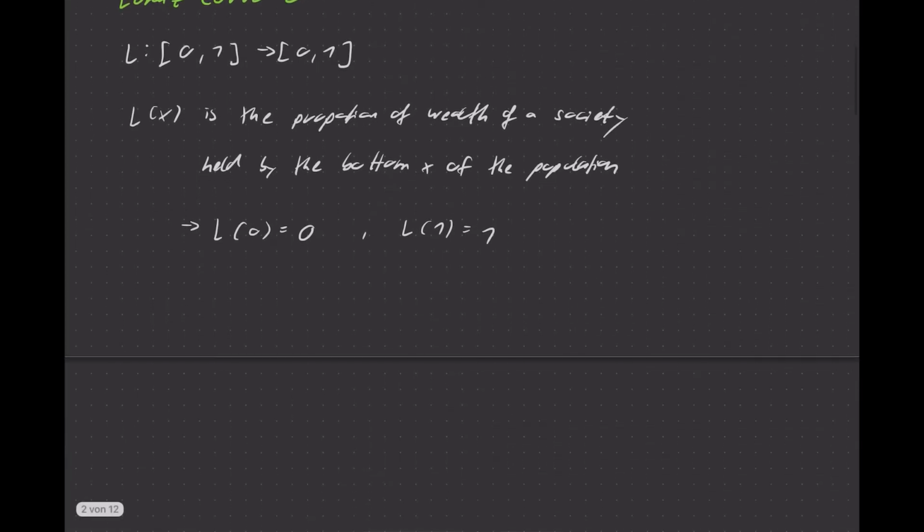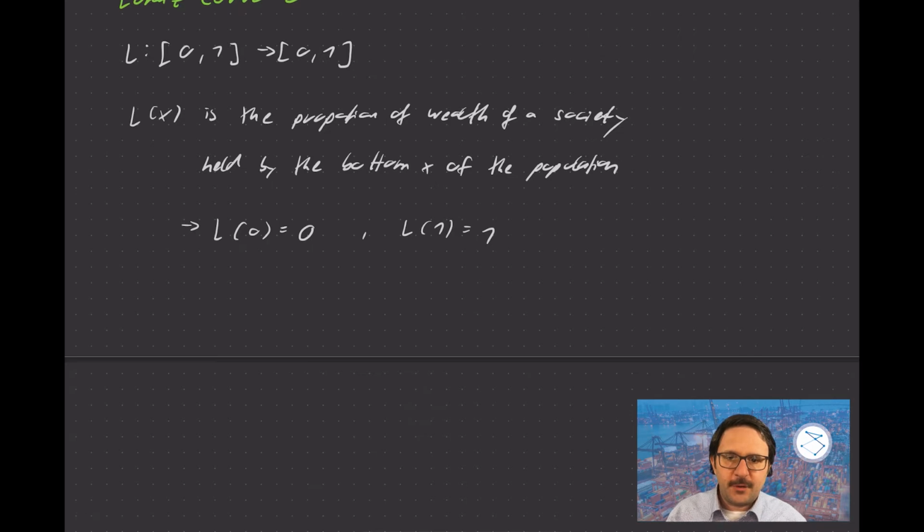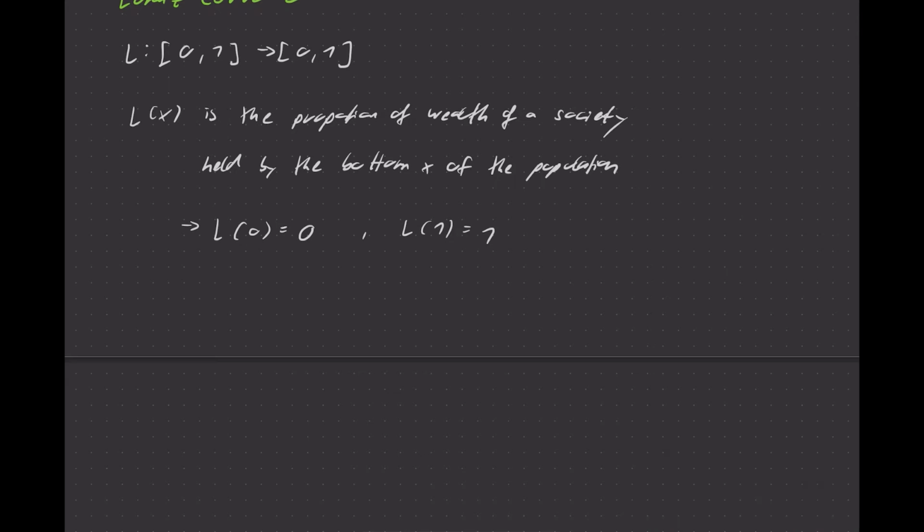So, in a society with perfect equity, we would have L of x equals x. Everyone has the same income or the same wealth. So the wealth held by the bottom x increases steadily with x, and it increases linearly. So the situation L of x equals x corresponds to perfect equity.